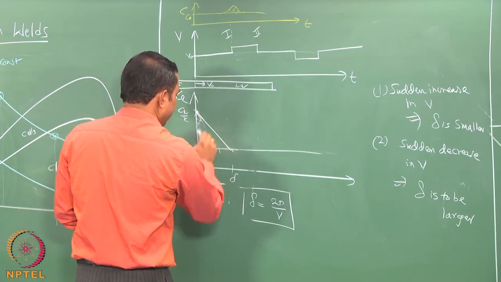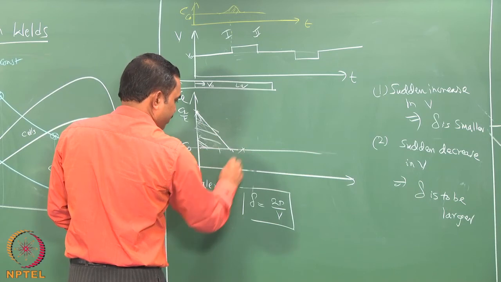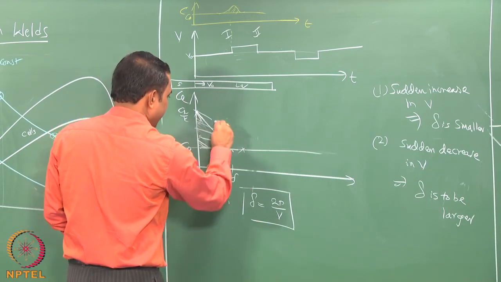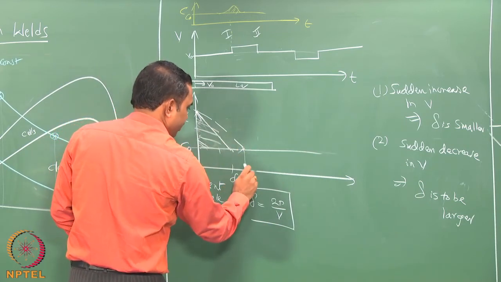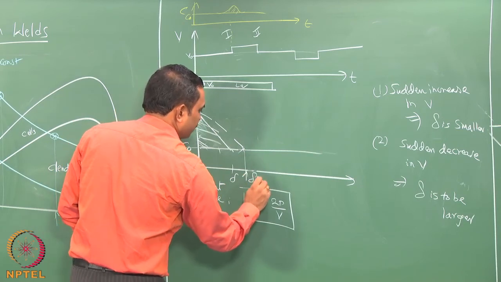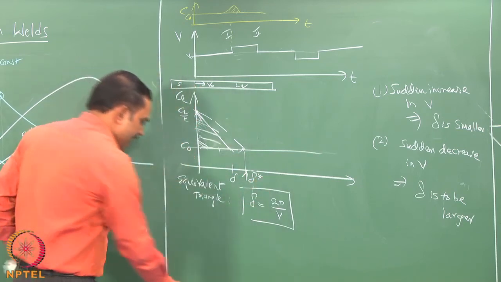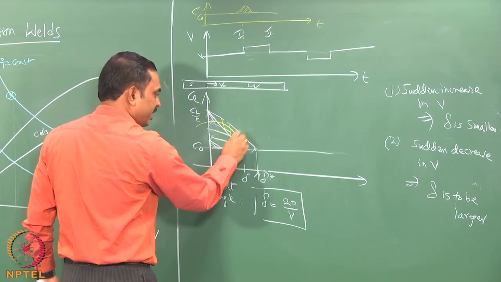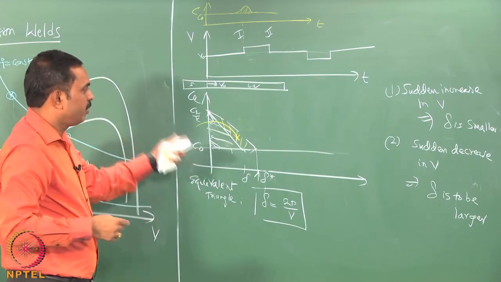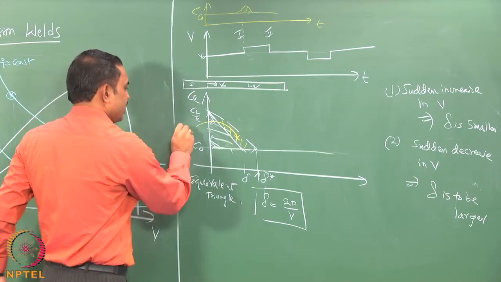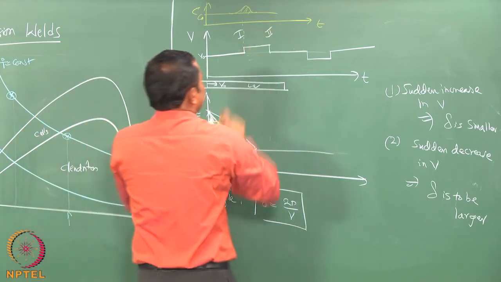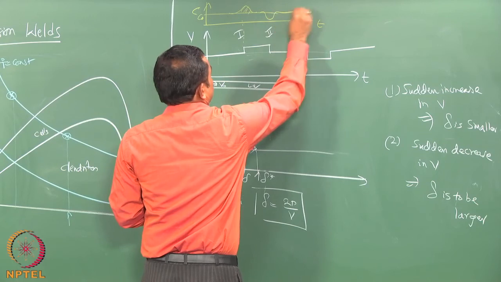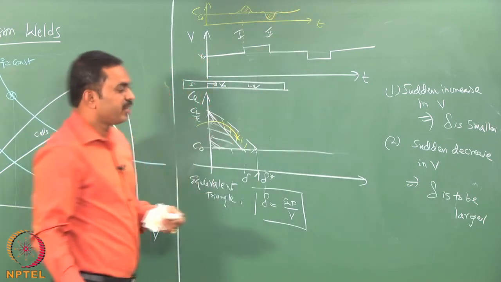This is delta, but for stable growth you are supposed to have the new delta, and which means that where is this solute coming from? It has to come in, and it will come from depletion of solute behind.